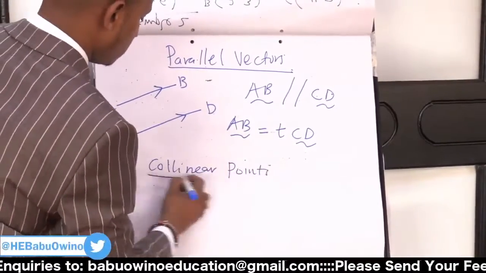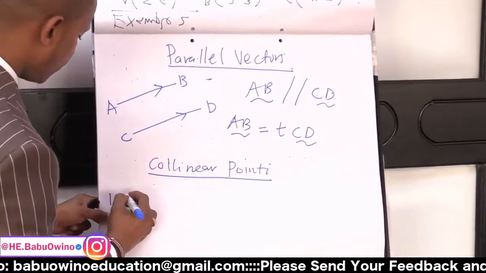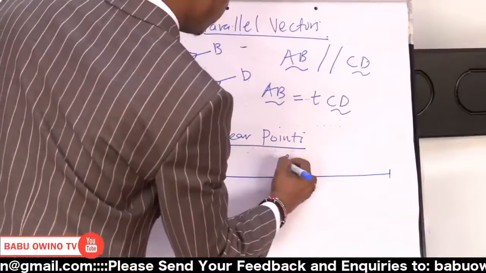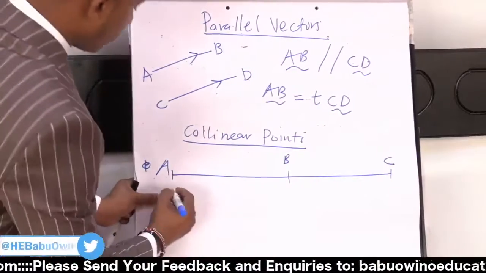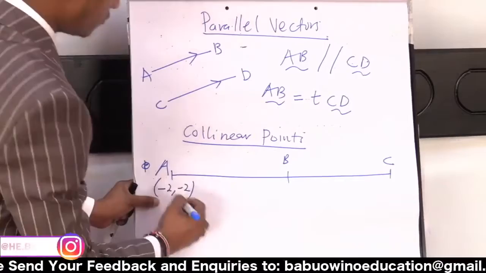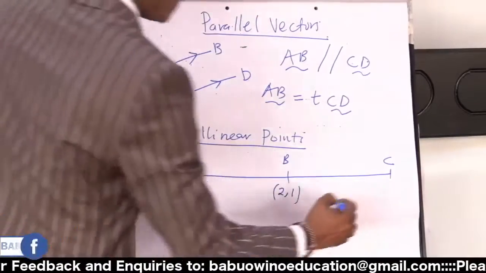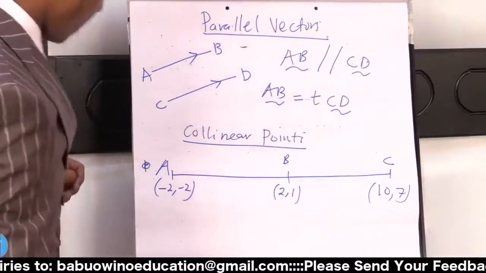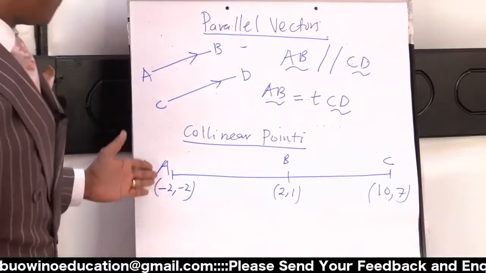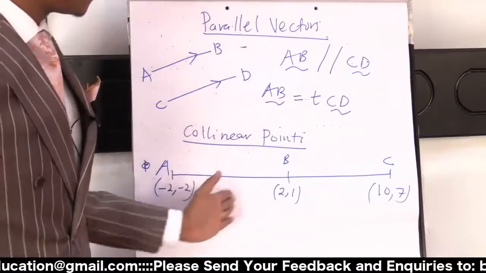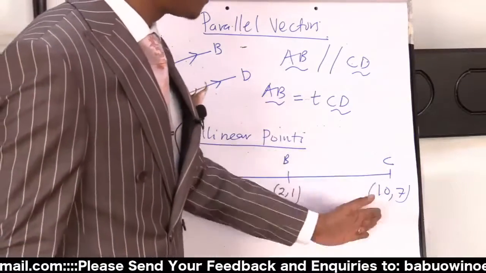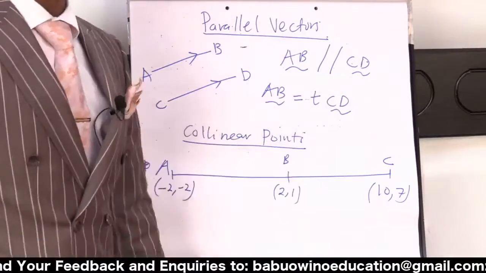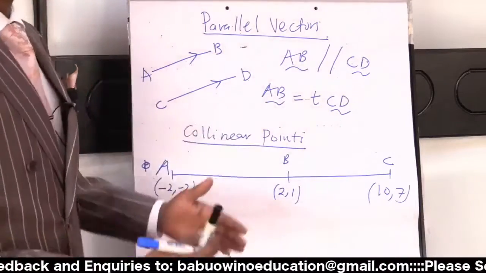Collinear points means that if you have points A, B, C, say point A has the coordinates -2, -2, B is 2, 1, and C is 10, 7, and you are told to prove that points A, B, and C are lying on the same line. Collinear means they lie on the same line.